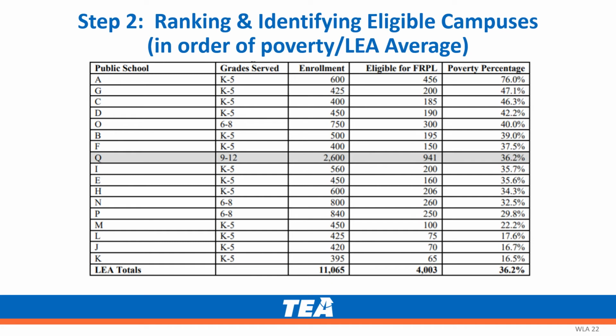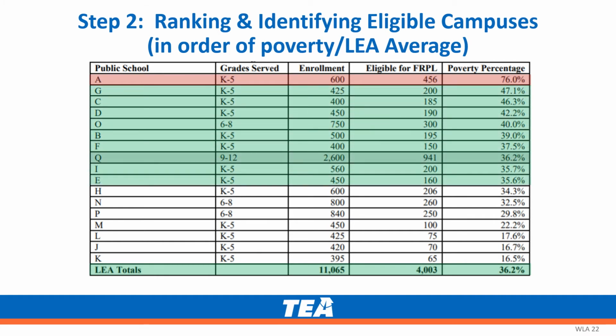Now let's look at an example where the LEA's poverty percentage is 35% or greater. Based on a previous example, we had already determined that School A met eligibility criteria since it was above the 75% poverty threshold. Based on the data in this table, the LEA's poverty percentage is 36.2%.